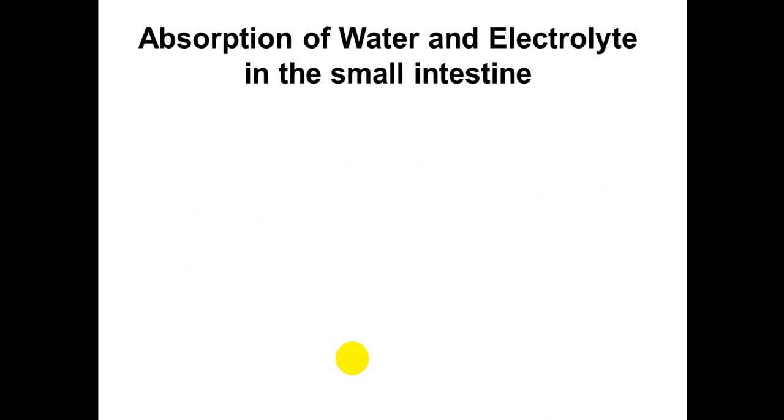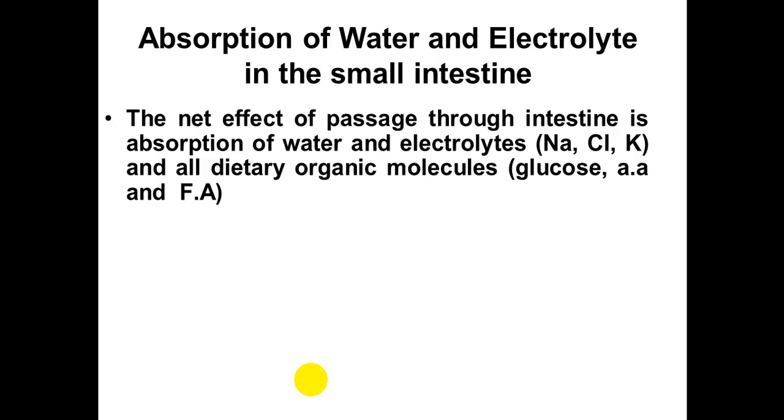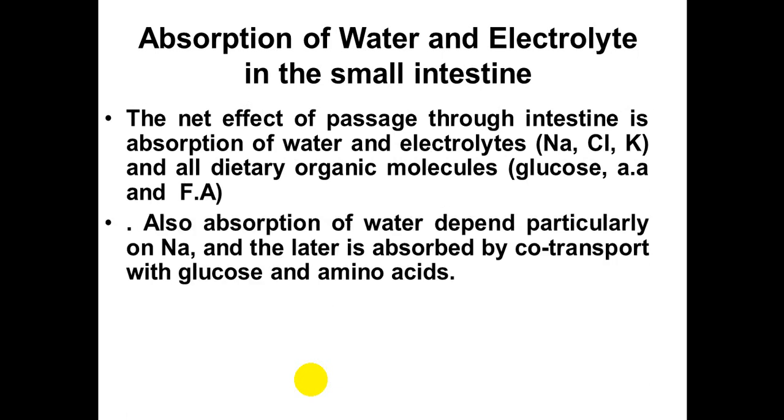Absorption of water and electrolytes in the small intestine. The net effect of passage through the intestine is absorption of water and electrolytes, sodium, chloride, potassium, and all dietary organic molecules, such as glucose, amino acids, and fatty acids.